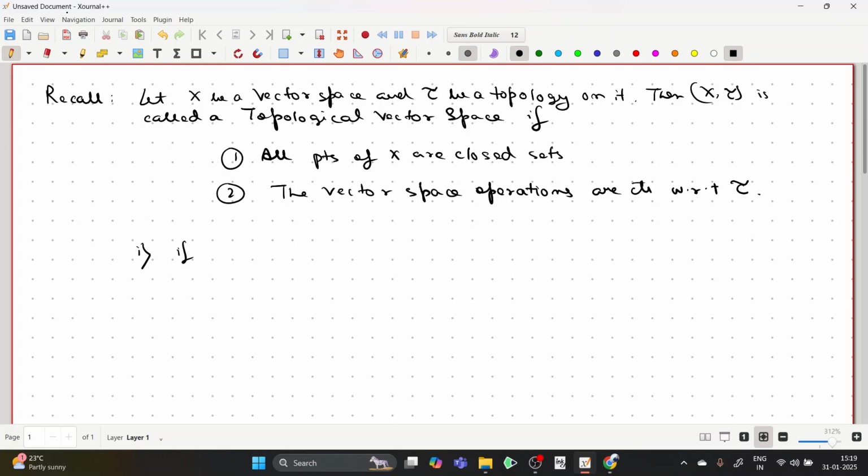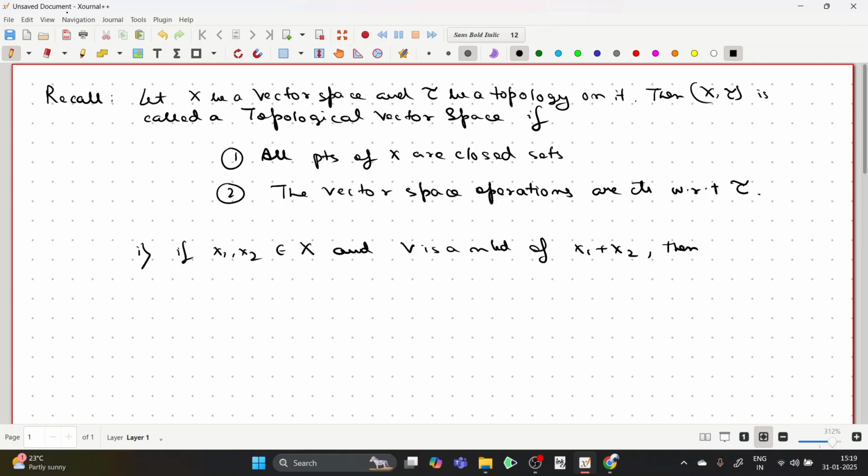So if x1, x2 are elements from X and V is a neighborhood of x1 plus x2, now I am having the map from X cross X to X, because X is the vector space I am starting with.